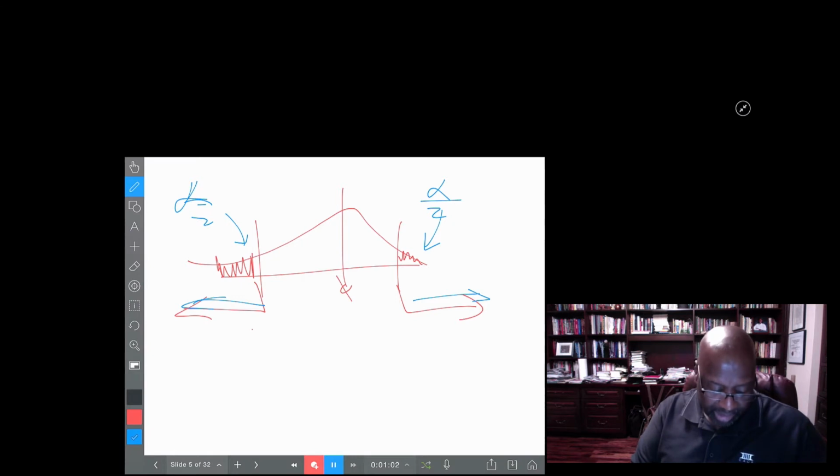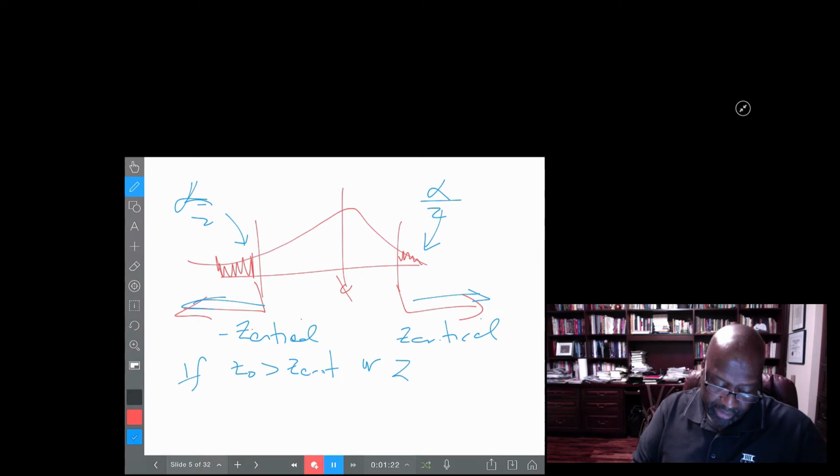So in this case, if this is negative Z critical or positive Z critical, the decision rule is if your observed value is greater than Z critical, or your observed value of Z is less than negative Z critical, reject H0, okay?